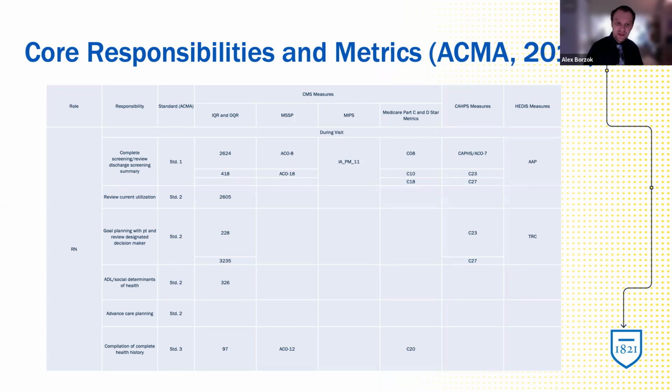And by meeting these different standards, this person is going to be meeting these different measures and metrics that are tracked by these different agencies and different avenues of reimbursement for your patients or for your clinic.